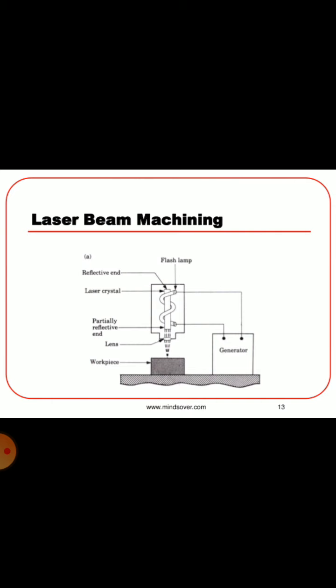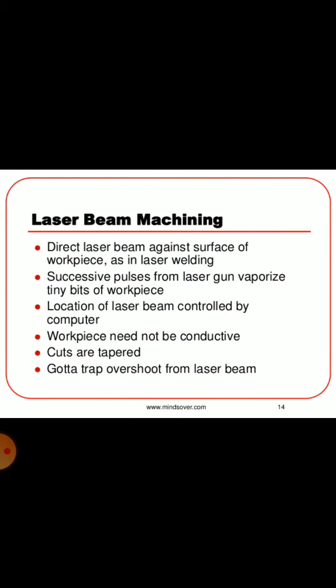Next is laser beam machining, in which a laser beam is directed against surface of workpiece as in laser beam welding. Successive pulses from laser gun vaporize tiny bits of workpiece. Location of laser beam controlled by computer. Workpiece need not be conductive. Cuts are tapered.